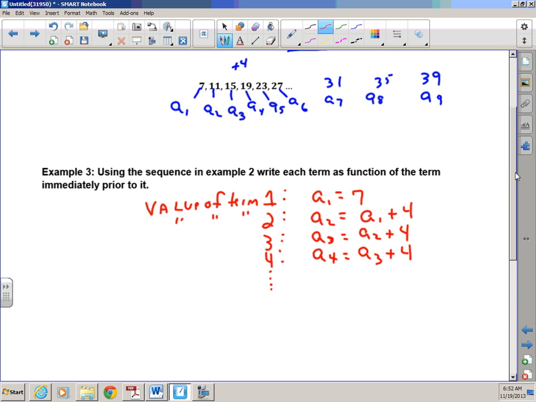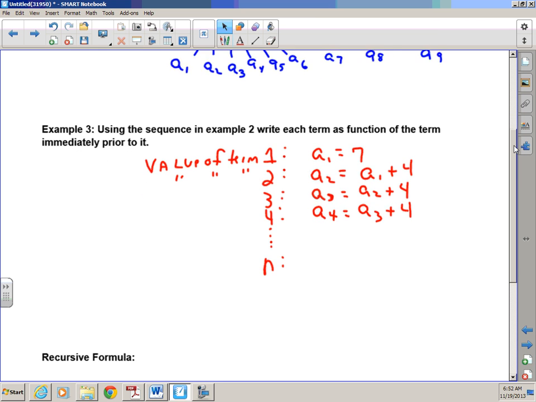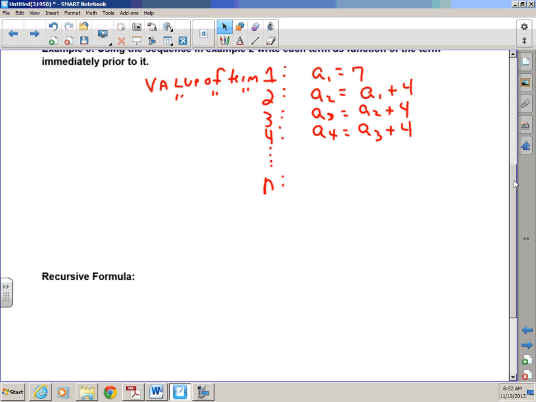And if we continue this down, what we could do is say the nth term. And when we give a variable in math, what we're talking about is any term, is equal to the number right before it. So n minus 1 means the number right before n, plus the common difference.